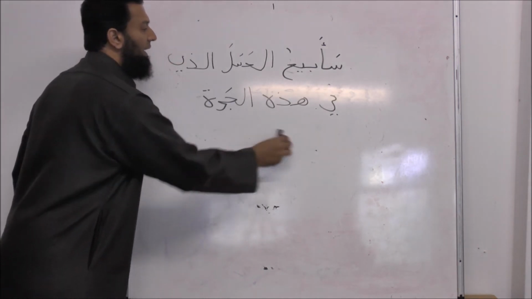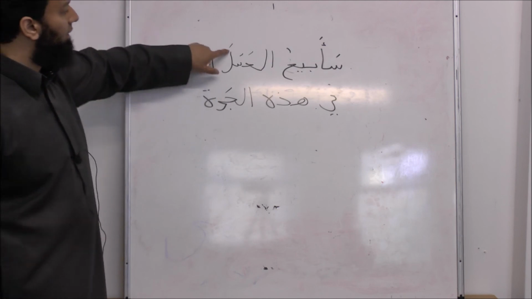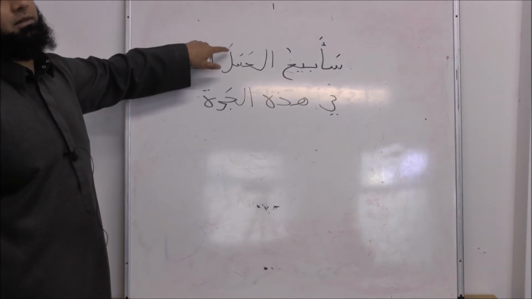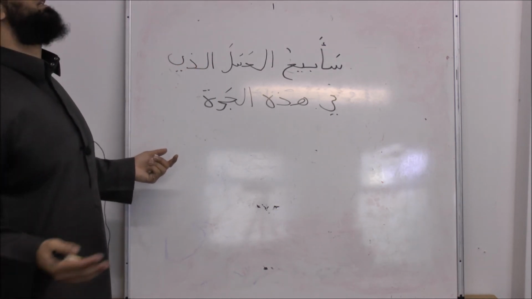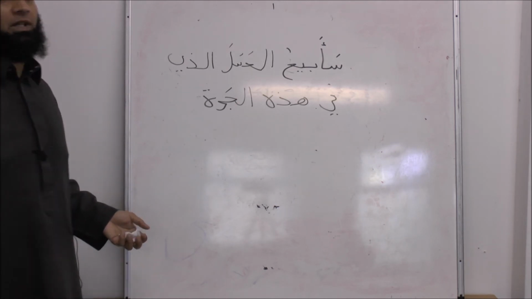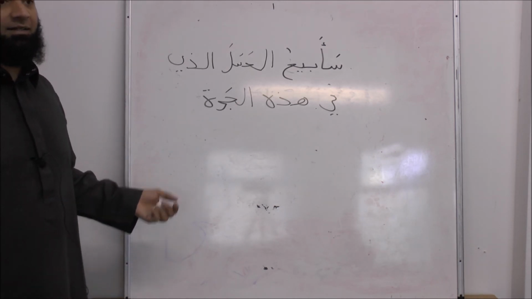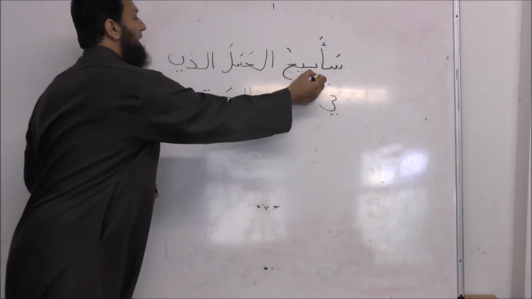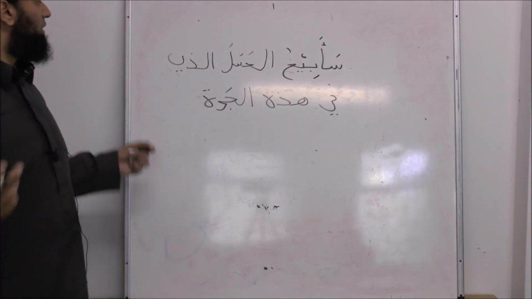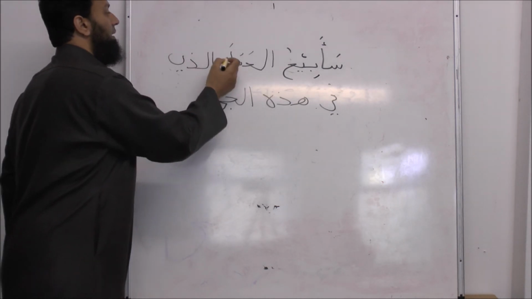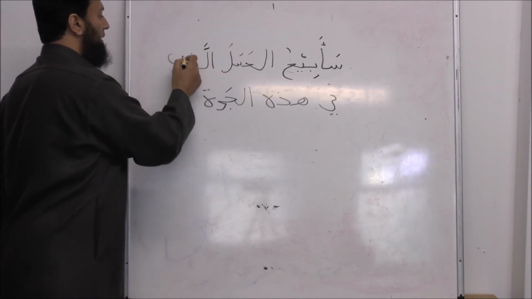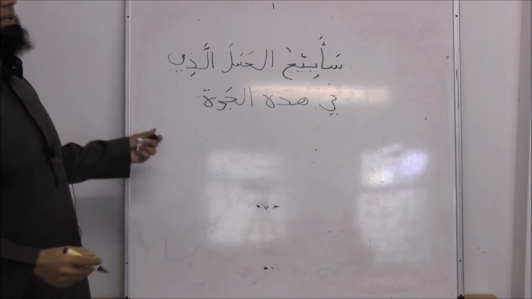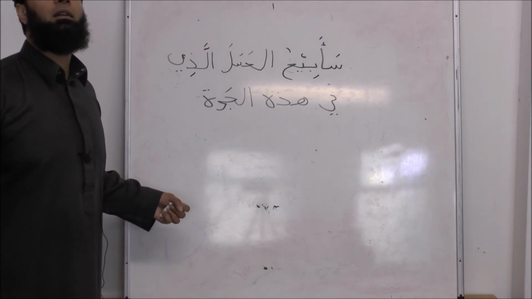Al-asala. I'm going to sell al-asala. Why is this mansubun? Because it's the maf'ulun bihi, the object. Remember Abdul Hamid, the first lesson? Sa'ubi'u al-asala. I'm going to sell al-asala, alladhi. What does alladhi mean?